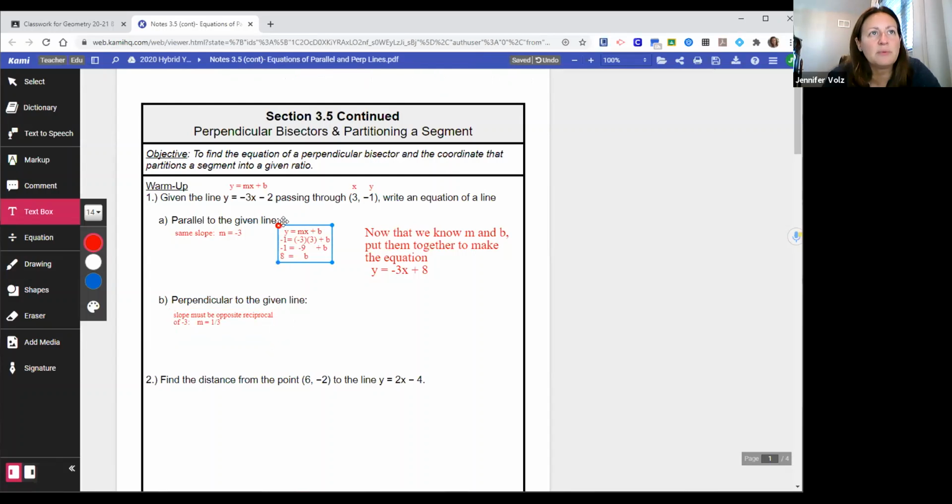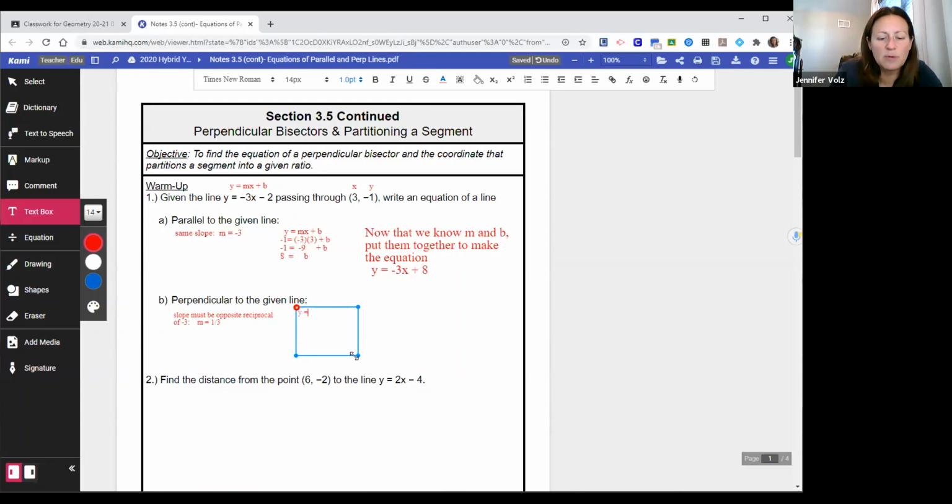This part we're basically going to do again, but we're going to plug in a different slope. The rest is the same. y equals mx plus b is going to become -1 equals, now the m is 1/3. The x is still 3. We still want to go through that point. And then b is still unknown again.